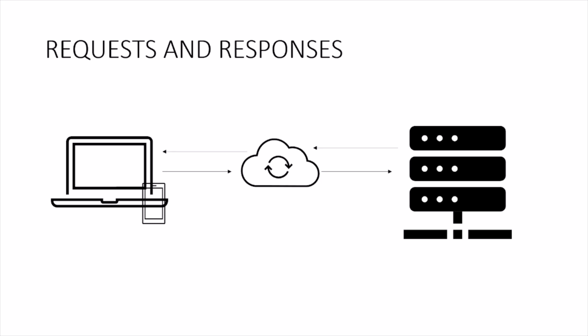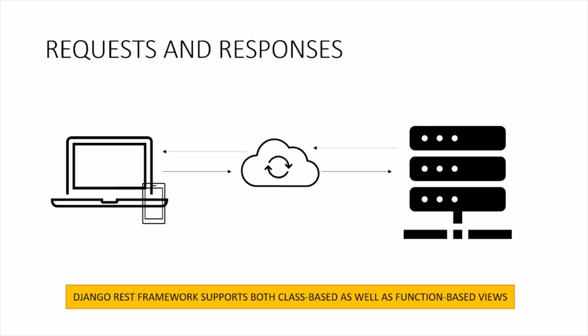Nothing about the client session is stored on the server, right? So this results in a loose coupling between client and server. The client interface, therefore, is independent of data storage. This results in the client interface then being more portable. Now, talking about the Django REST framework, and in terms of the views we just learned about, that's class-based views and function-based views, the Django REST framework supports both.